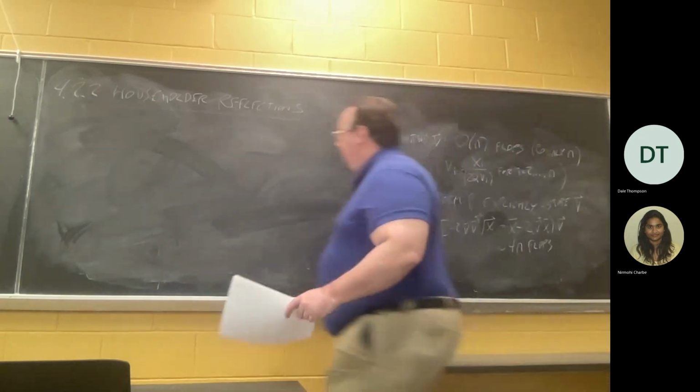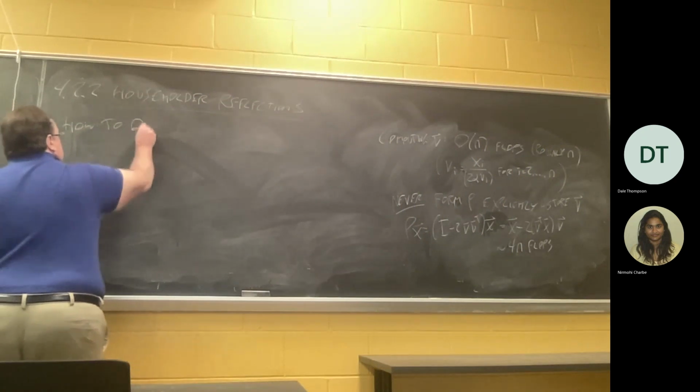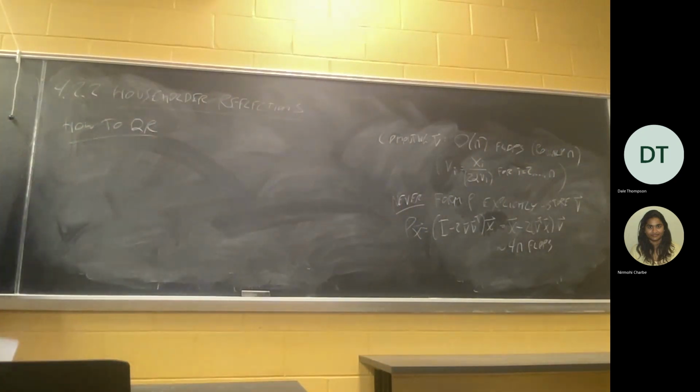So now that we have a handle on getting a Householder reflection, how do we do QR factorization using Householder?